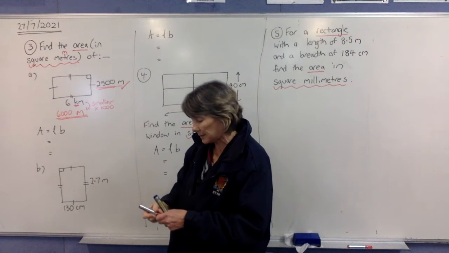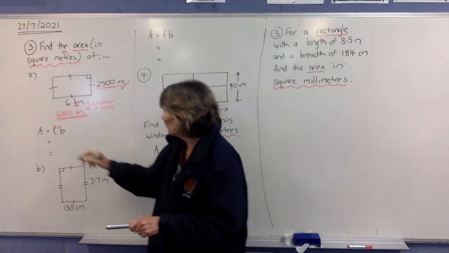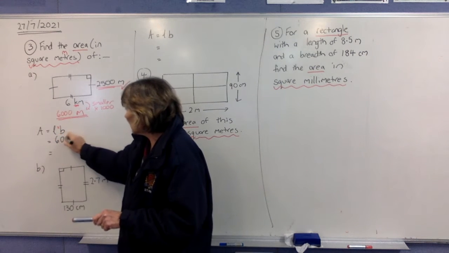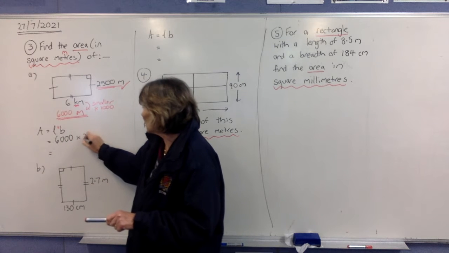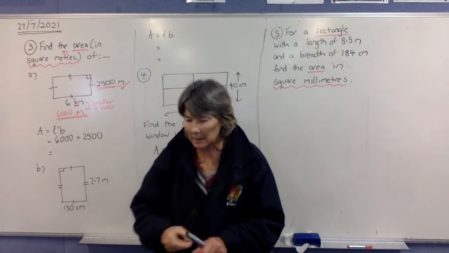So we're going to write down our formula. A equals L times B. A equals 6,000 for our length times 2,500 for our breadth, because they are both in metres.